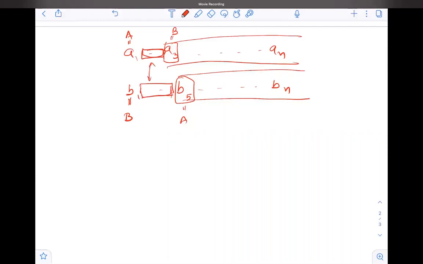By greedily trying to match A1 with B5 and B1 with A3 or something like that, you are forgetting this chunk. We don't know whether this chunk has common things or not. They might have a lot of common things.